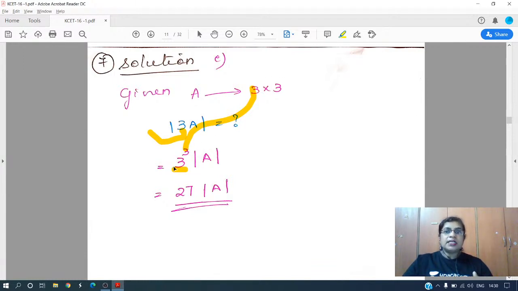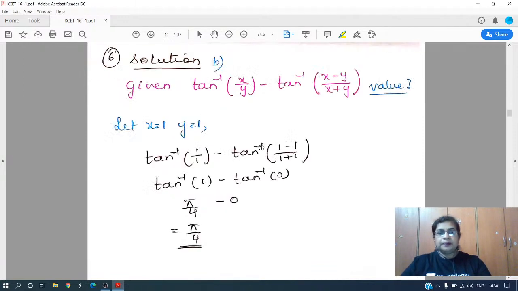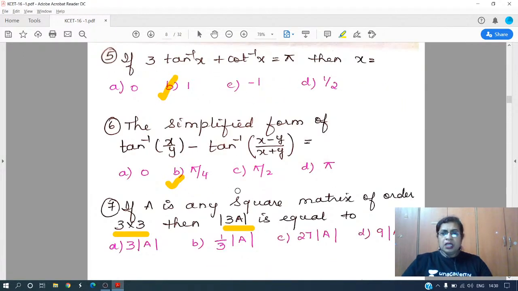So 3 power 3, 3 into 3 into 3 is 27 into determinant A, and that is nothing but the C option. Is it clear? Are you all following? Yes?